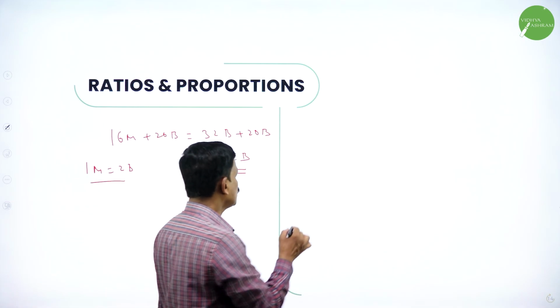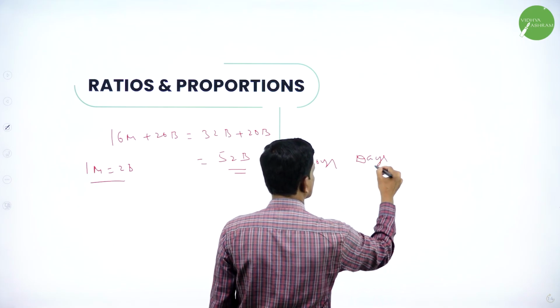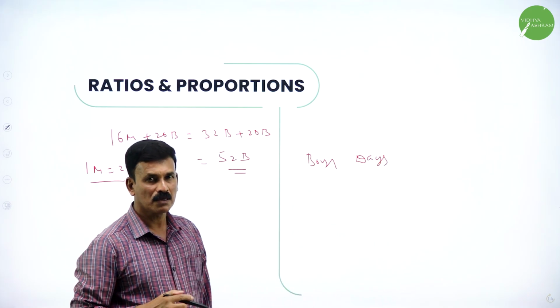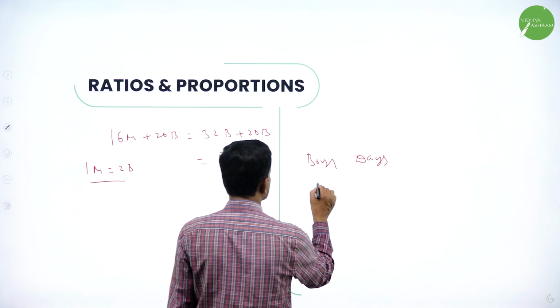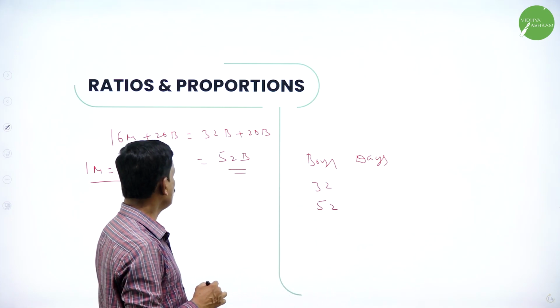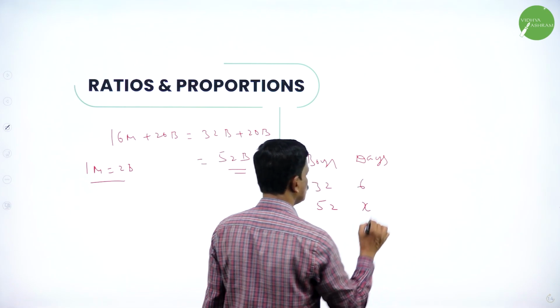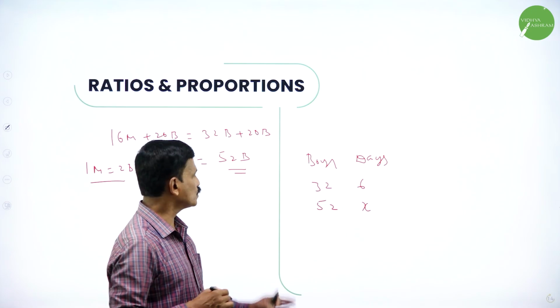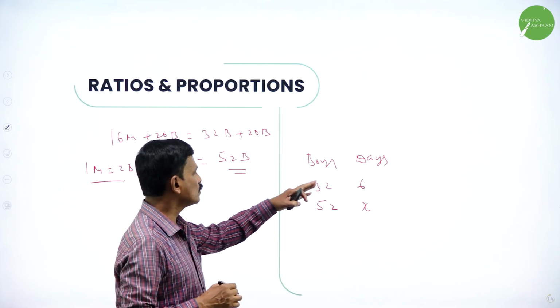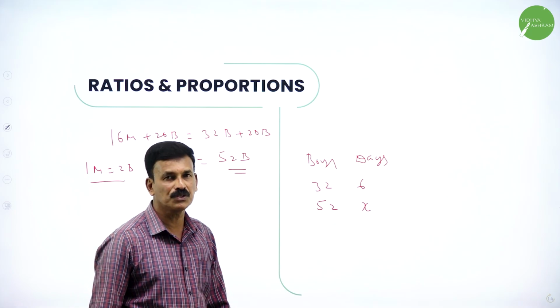Now write down the boys and the number of days: 32 boys can do the work in 6 days, and for 52 boys, x is to be determined.